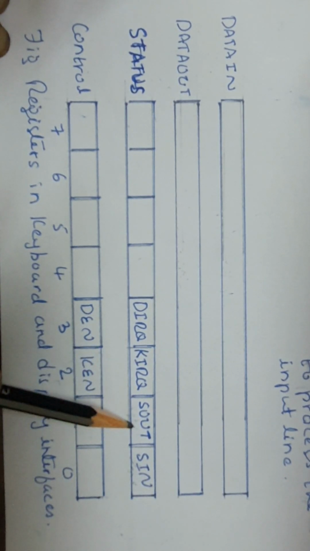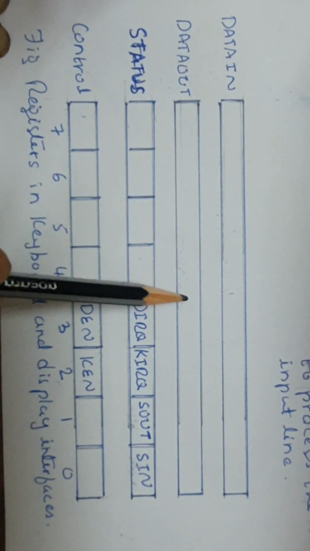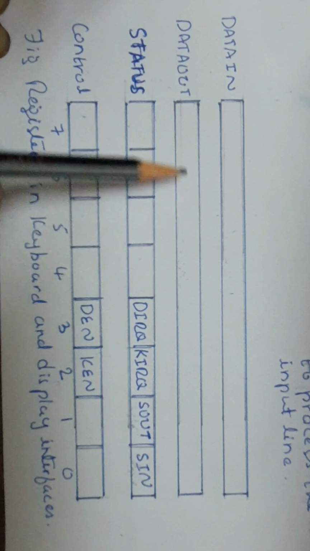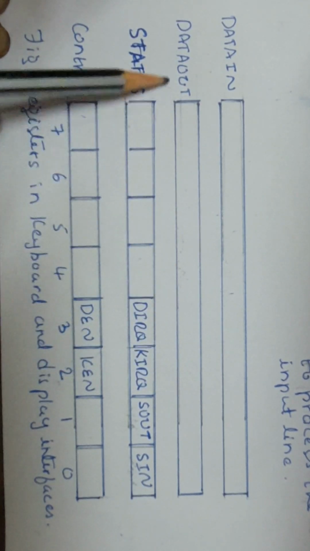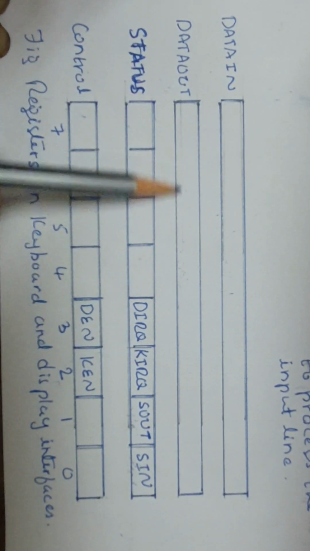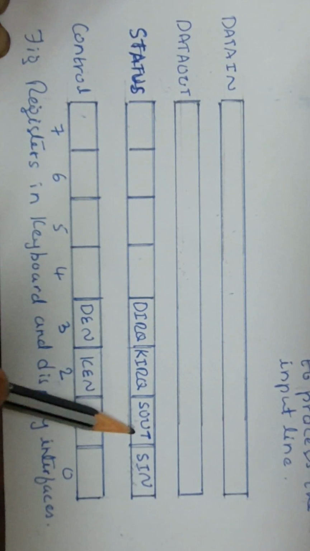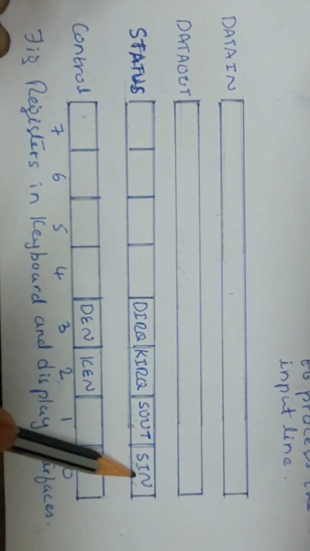If it is 1, output device is ready, then the processor puts the pressed key character it had stored in R0 into this register which is connected to the DATAOUT memory location. Okay, so we can call this the DATAOUT register. So this way this status information is used by the processor.